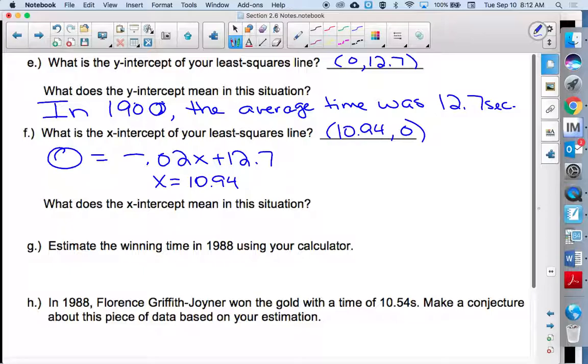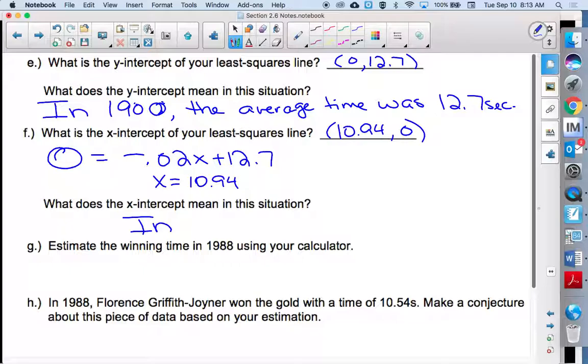And what year would that mean then? So if we started the data at 1900 representing 0, what year would 10.94 represent? Anybody help trying to write this?